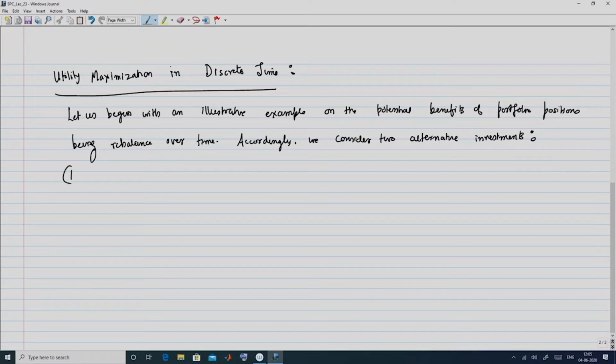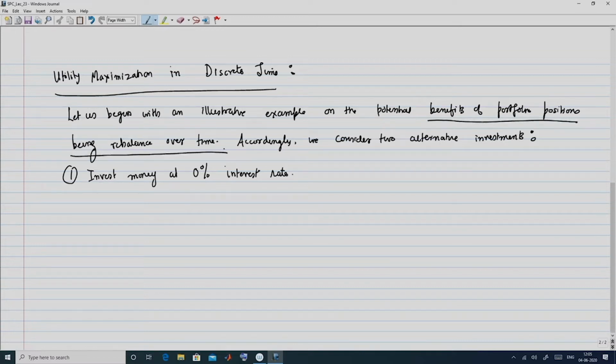So, the first alternative is to invest money at 0% interest rate. So, of course, we do not have 0% interest rate in practice, but this is just to drive home the point that one could benefit from portfolio positions being rebalanced over time. So, utility maximization eventually will boil down in the discrete time setup to rebalancing your portfolio from time to time.